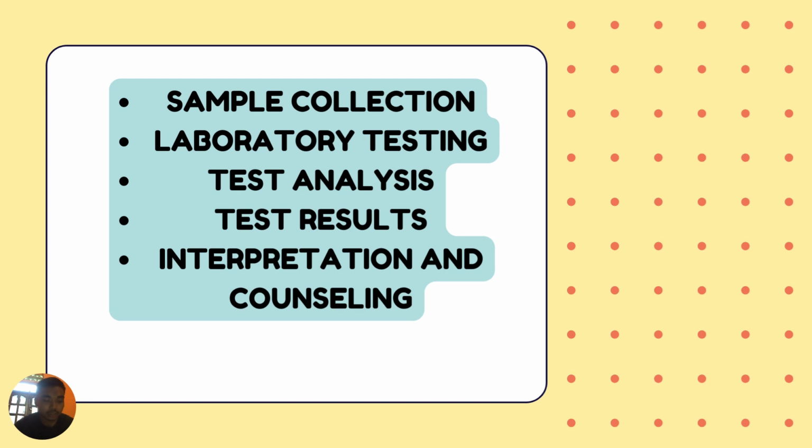And the last one is interpretation and counseling. A healthcare professional interprets the test results and discusses them with the person. They may provide information and counseling based on the test outcome, which could include guidance on next steps, further testing, vaccination, or precautions to be taken.